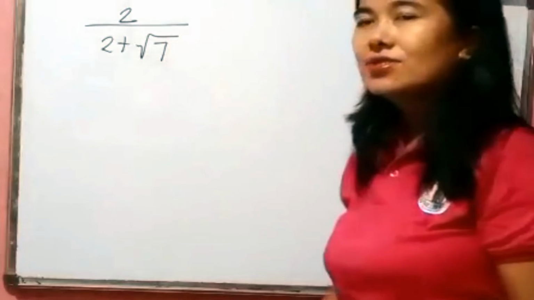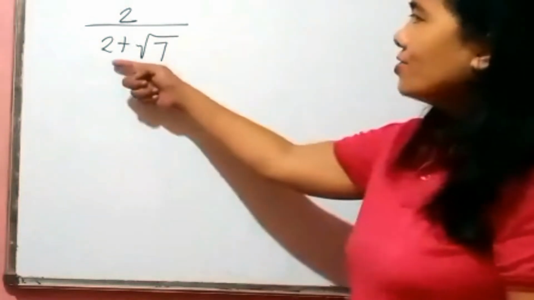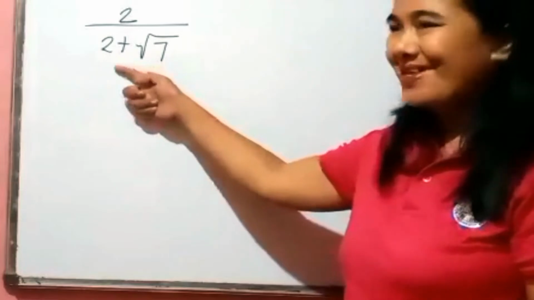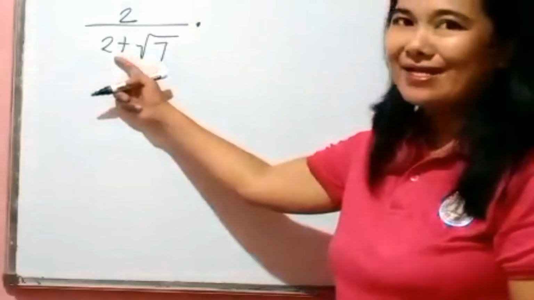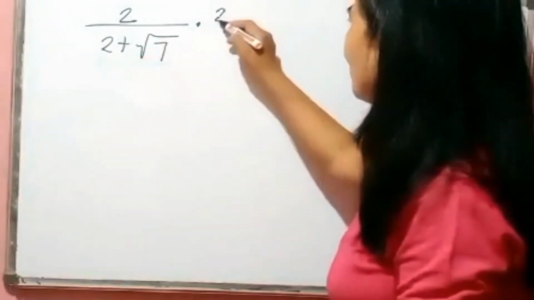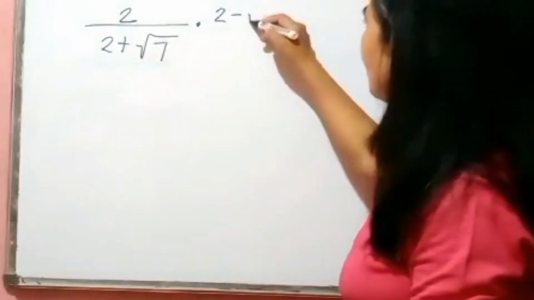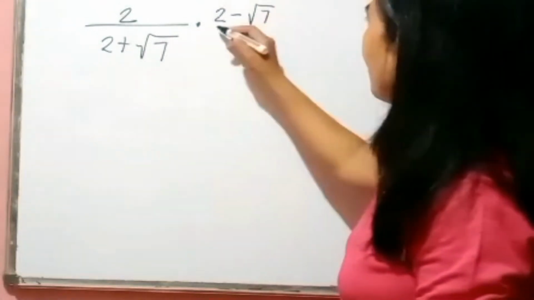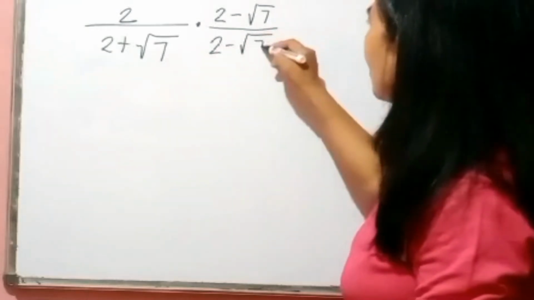Okay. So, dahil alam mo na kung ano yung conjugate pair. Ano yung conjugate pair ito? Okay. So, of course, yung opposite sign lang nito, diba? So, you're going to have 2. And then, instead na plus, meron kang minus the square root of 7 over 2 minus the square root of 7.